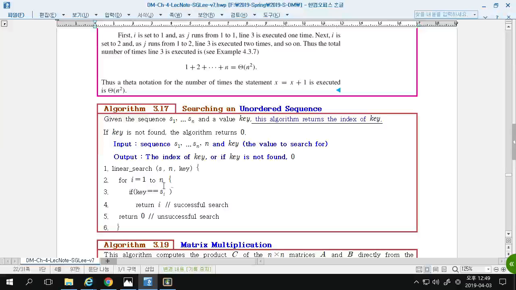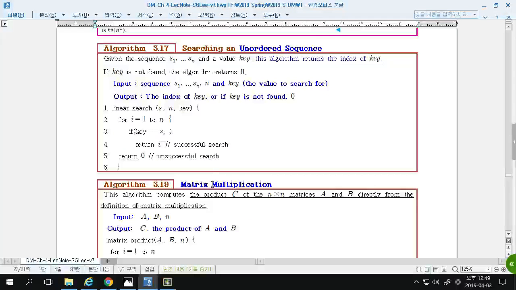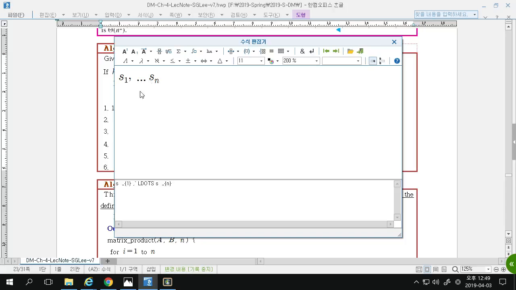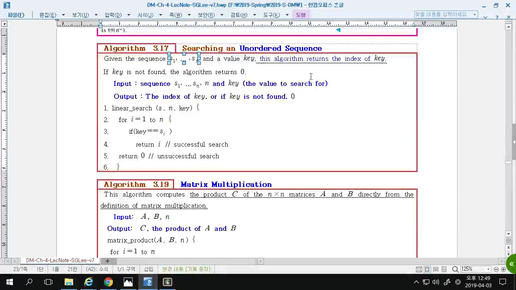Actually, we do see a pseudocode for searching an unordered sequence like this. Given a sequence S1 up to Sn and the value key, this algorithm returns the index of key.